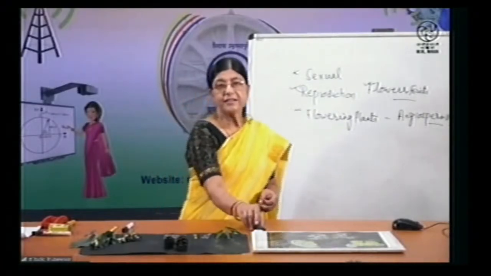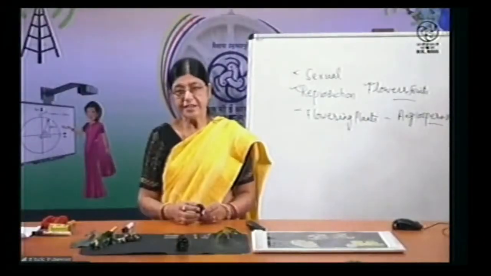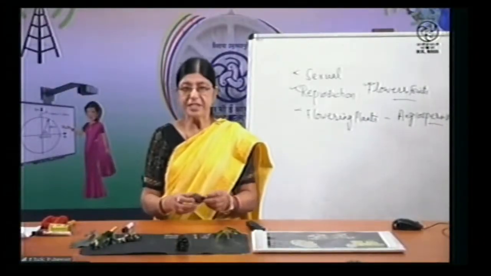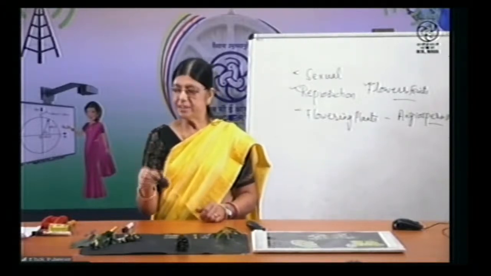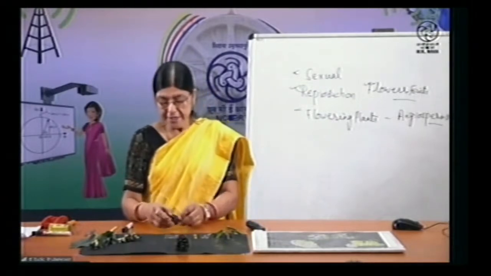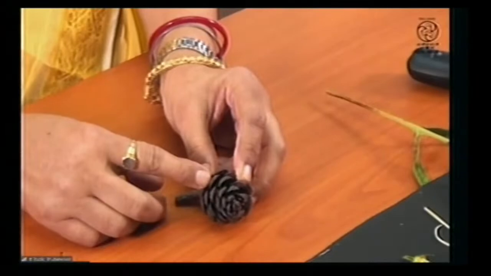Let's see the next one. Here you find gymnospermic cones. In the upper left corner there are cycas cones, and in the lower left corner there are pinus cones. This is another pinus cone, and you can make out it's looking similar. These cones look like woody structures.